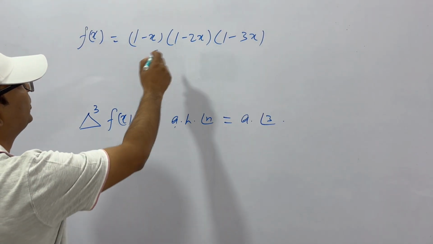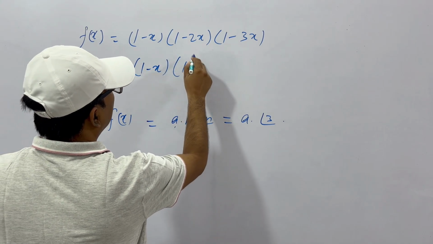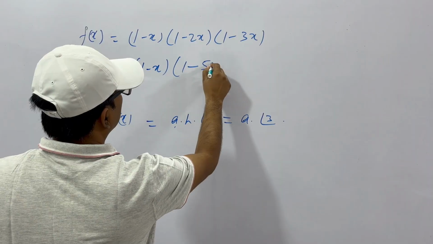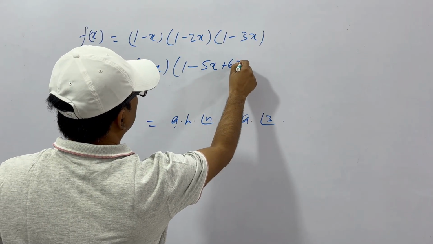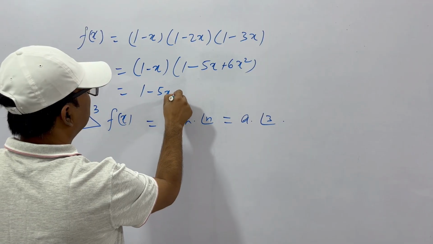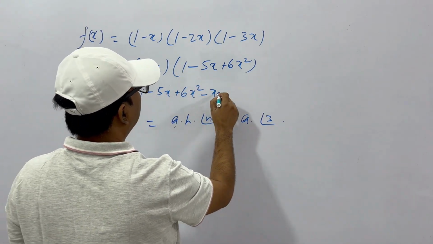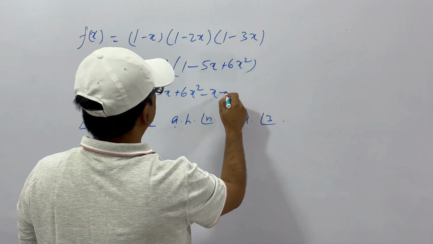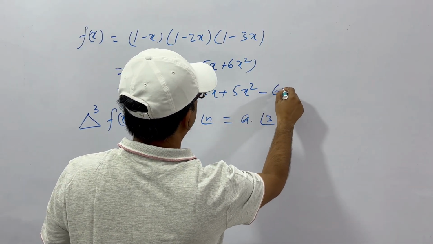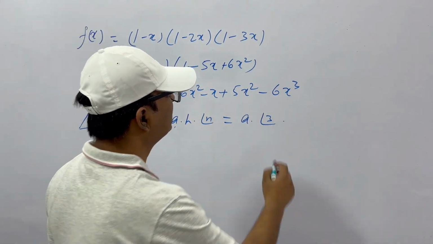See, let's expand this function. This is (1 minus x) into (1 minus 3x minus 2x), so minus 5x plus 6x square. So this is 1 minus 5x plus 6x square minus x plus 5x square, and this is minus 6x cube. So the highest power, whatever this be, this is the highest power.